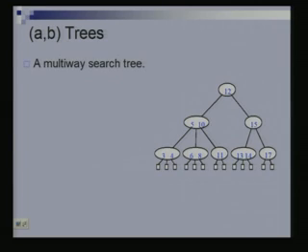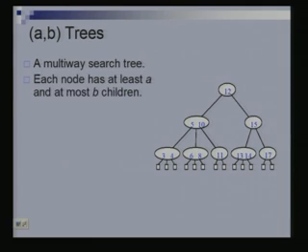An A-B tree first of all is a multi-way search tree. Each node now has at least A and at most B children. When A is 2 and B is 4, you get your 2-4 tree. So, if it has at least A children and at most B children, how many keys are there inside?